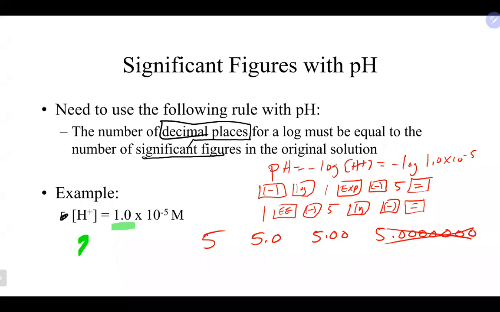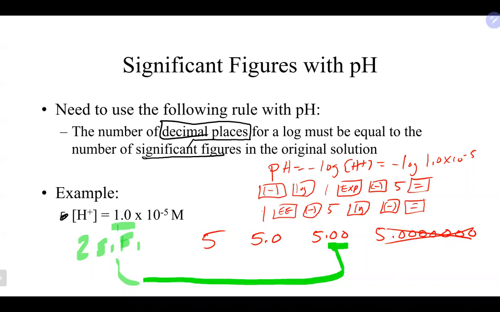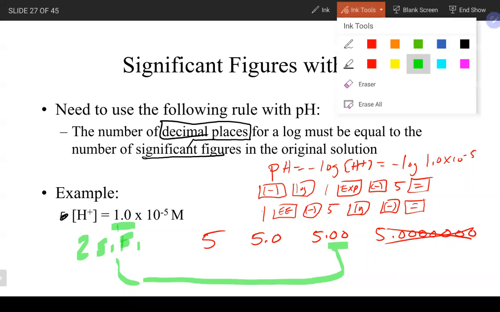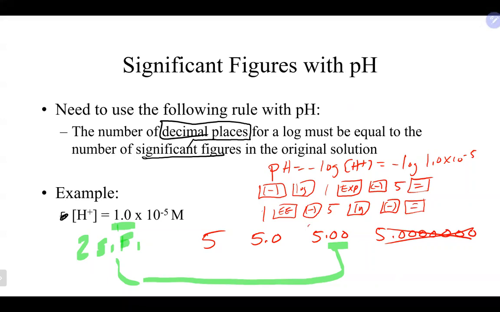This one has 2 significant figures, which translates to 2 decimal places, not sig figs, but 2 decimal places. So the correct way to report this answer would be 5.00. The others don't have the right number of decimal places. Once again, it is 2 significant figures to 2 decimal places when we go to report it. Question on that?